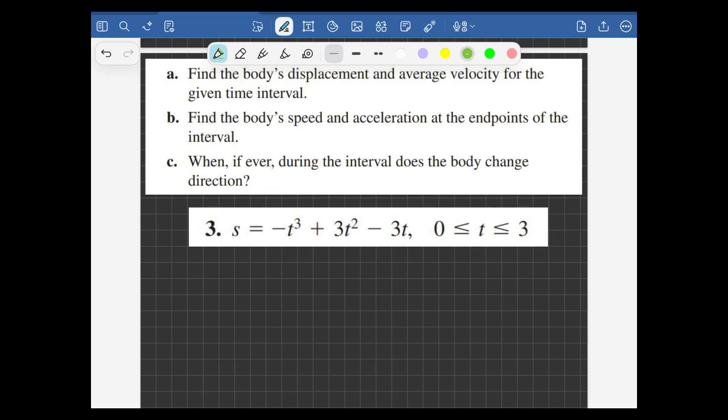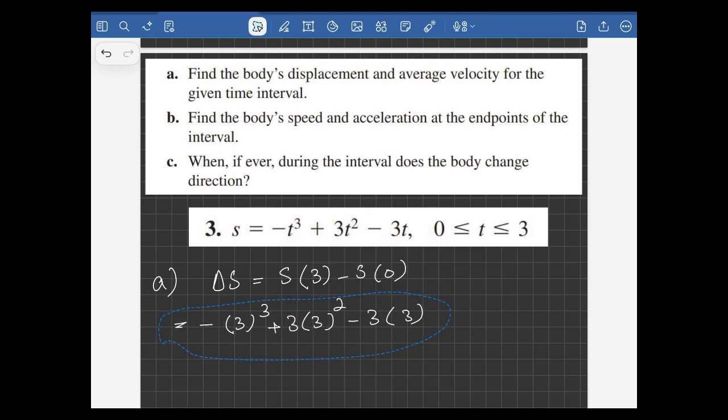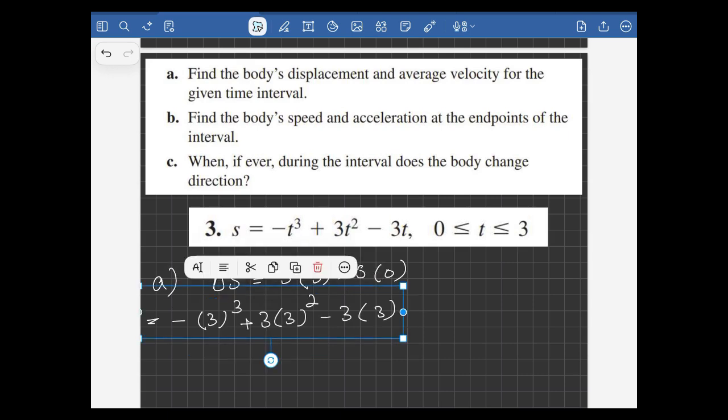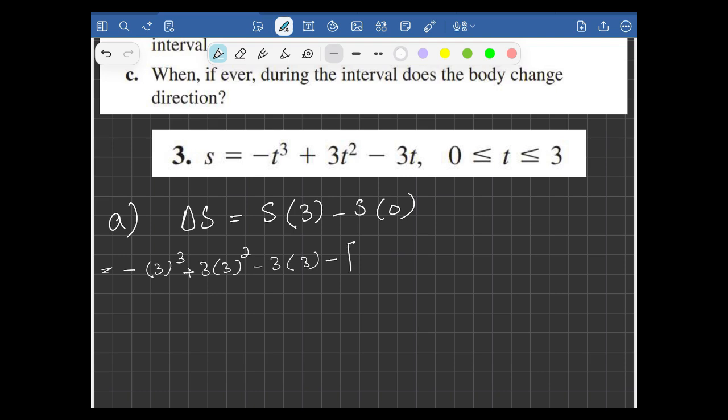So in the first part, find the body's displacement, which equals the displacement at the endpoint 3 minus displacement at the endpoint 0, which equals minus 3 raised to power 3 plus 3 into 3 raised to power 2 minus 3 into 3, minus, bracket, 0 raised to power 3 plus 3 times 0 squared minus 3 times 0, closed, equals minus 3 times 9, 3 times 27.